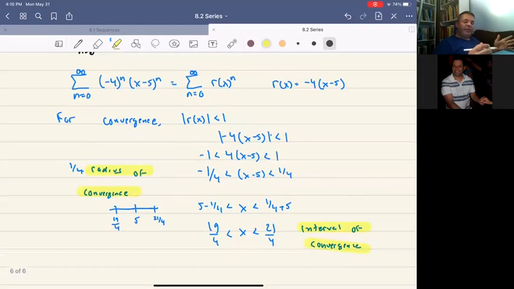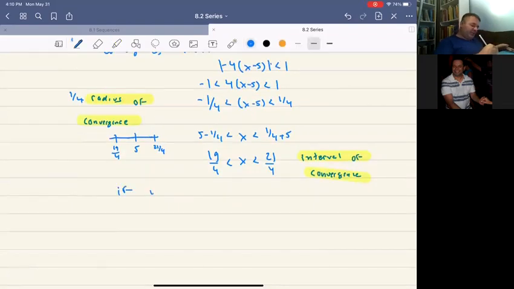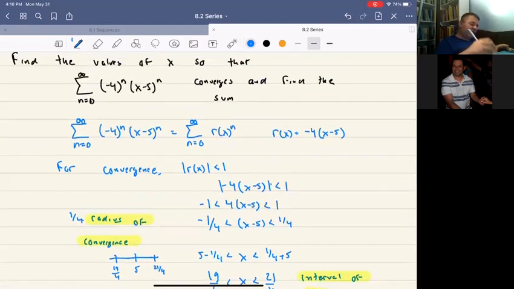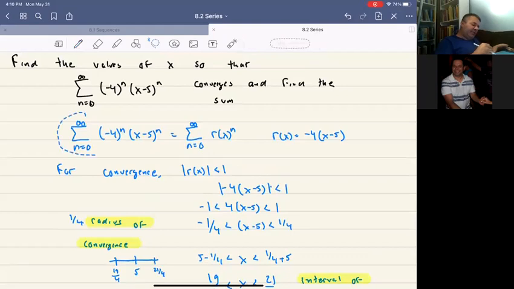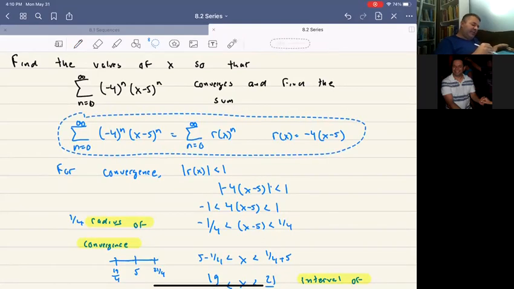Now, if we are in our interval of convergence, then our summation, we write it down.